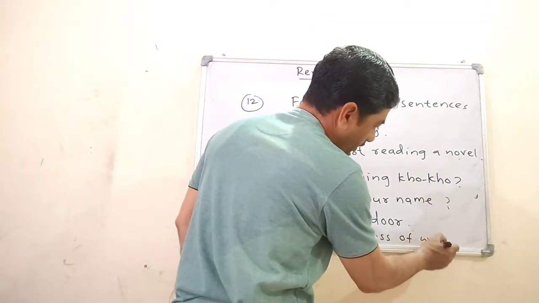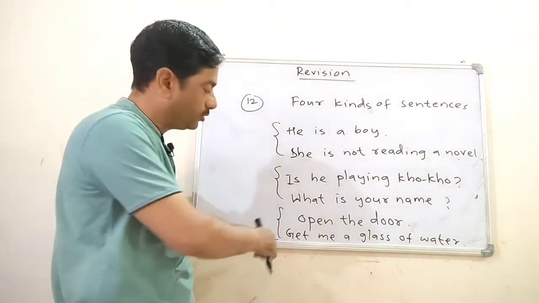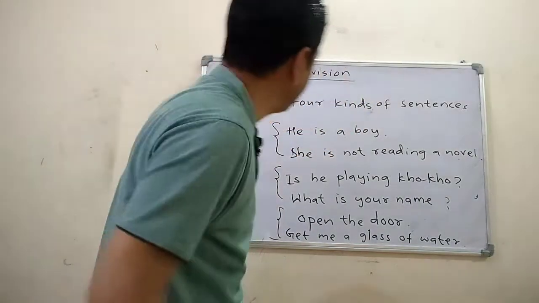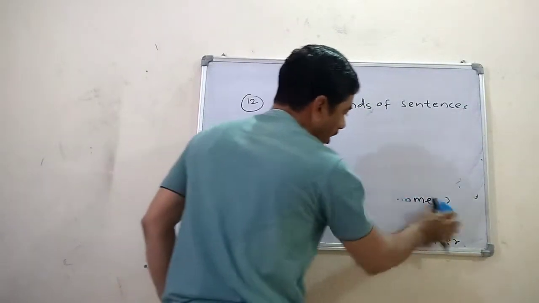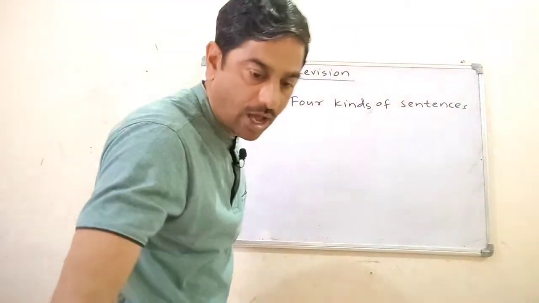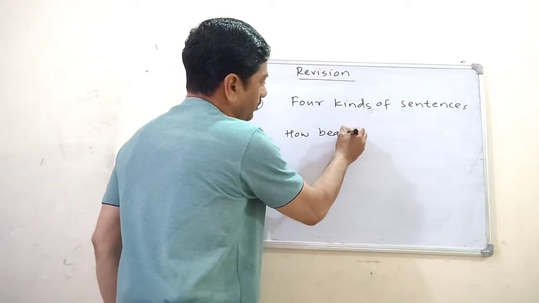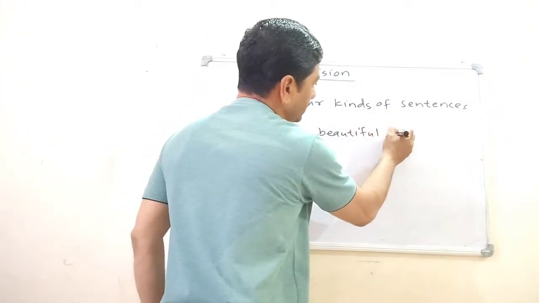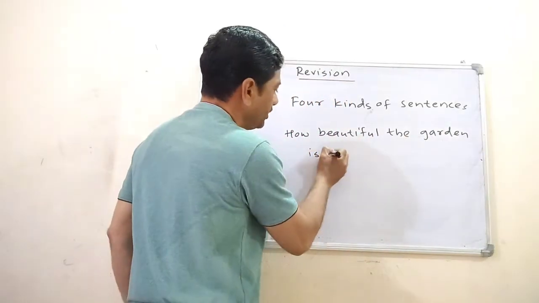Both of these are imperative sentences. And then exclamatory sentence. How beautiful the garden is. So it is an exclamatory sentence.